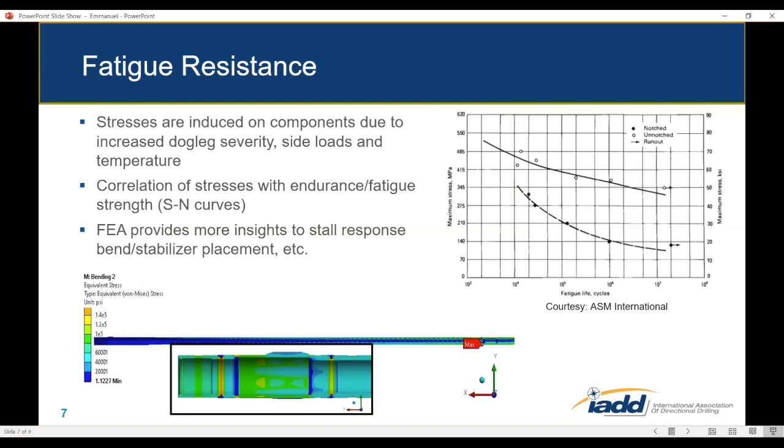We introduce those into the assembly just to see where the stresses are being induced, and go into design optimization in those areas. For fatigue analysis, with most of the materials available we use, one thing is trying to generate that SN curve to determine the endurance strength or fatigue strength, especially when you're using non-mag components on your tools. You need to be able to determine the endurance strength.